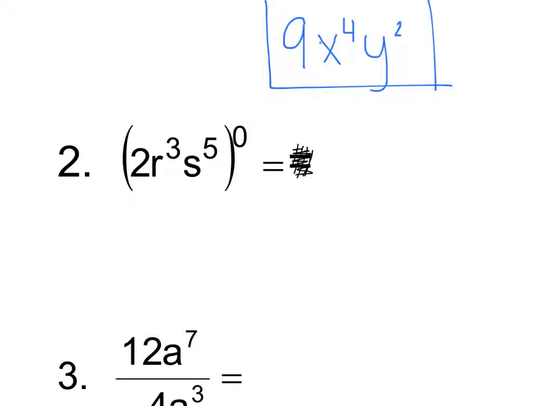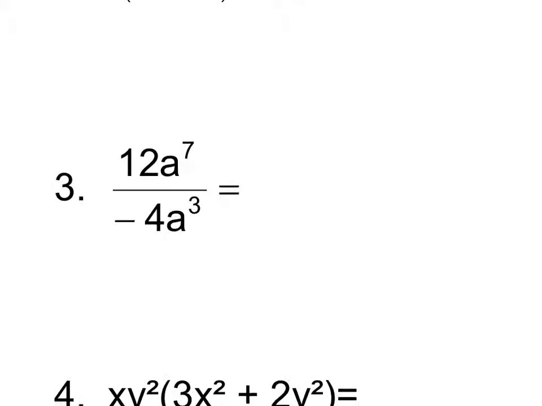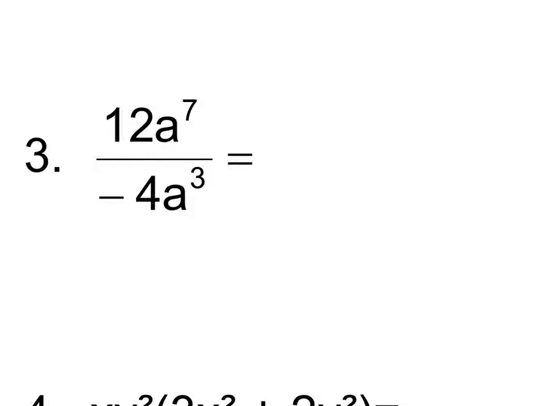What happens here is everything is raised to the 0 power, so it equals 1. That's law 6. Okay, next one. Go ahead and just look at your fraction here, just this part. What's negative 12 divided by negative 4?